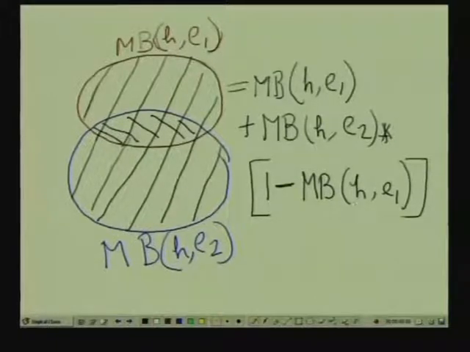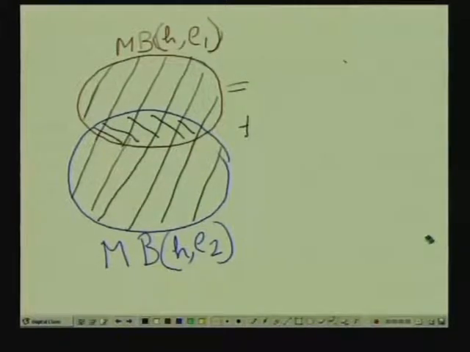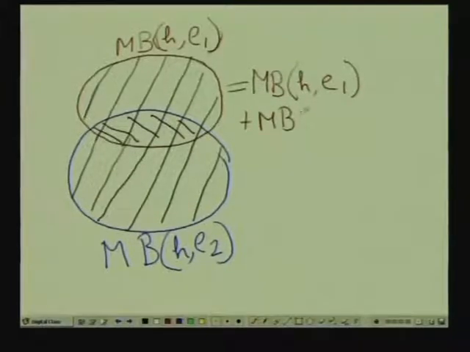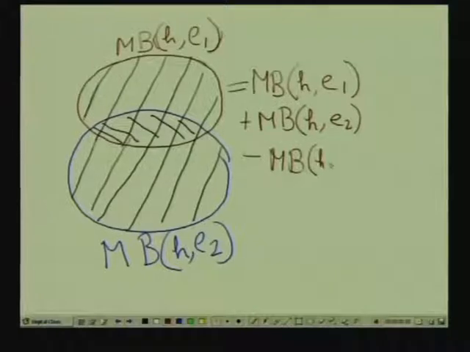If you are not sure, I will just do this part again. I can write this part as MB(H|E1) plus MB(H|E2) minus MB(H|E1) times MB(H|E2).